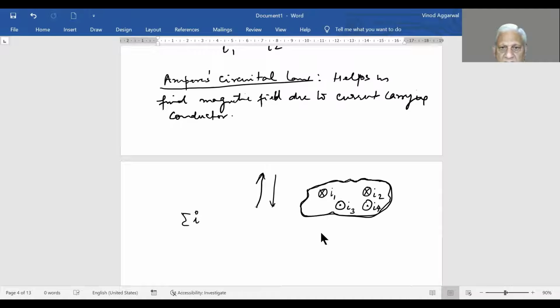There will be some current passing from bottom up and some current going from top to bottom. Then what this law says is that there will be magnetic fields which may be the same or different at each point.